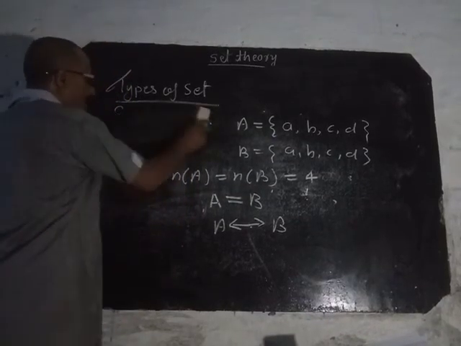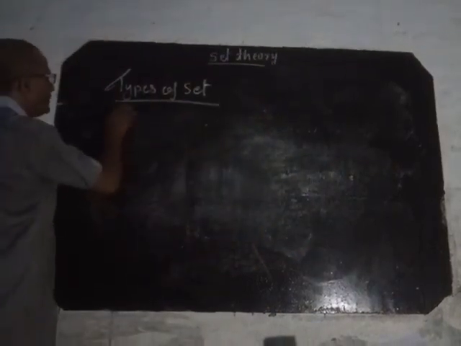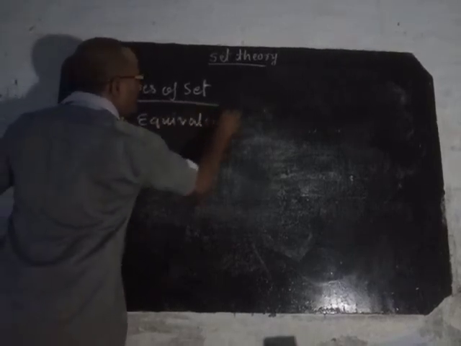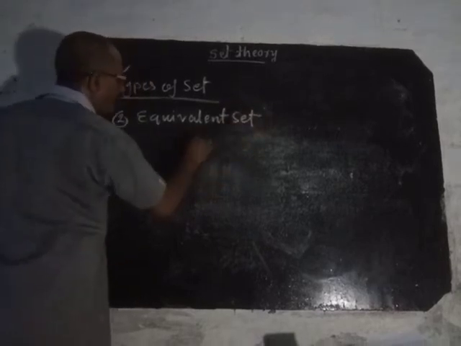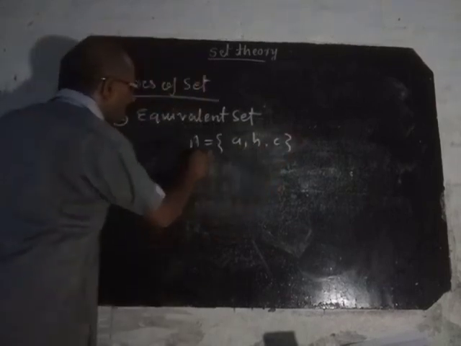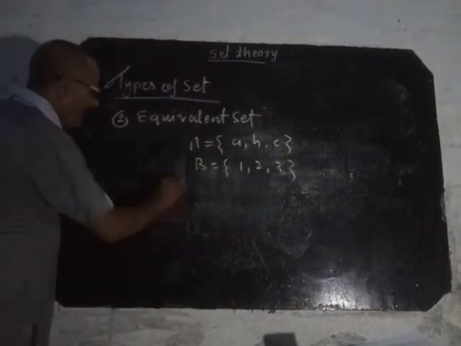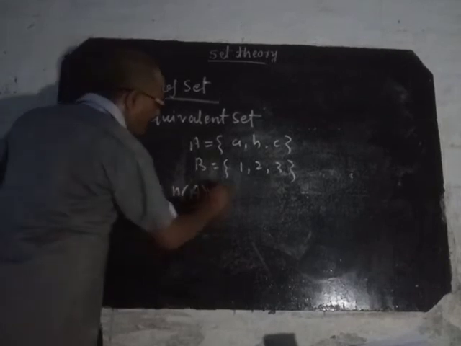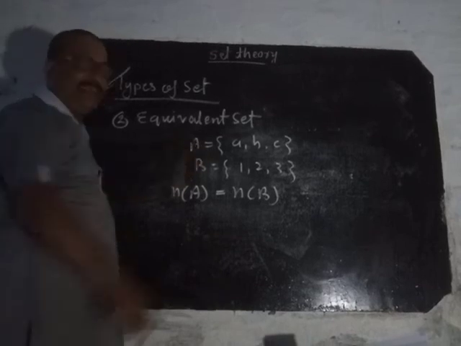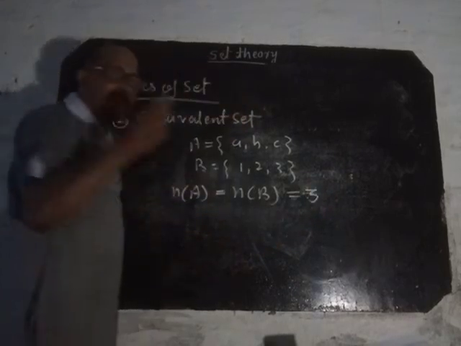Now second one, equivalent set. See that set A has elements a, b, c and set B has elements 1, 2, 3. The cardinal number n(A) equals n(B): the number of elements in set A and set B are both equal. How many elements? 3 elements.